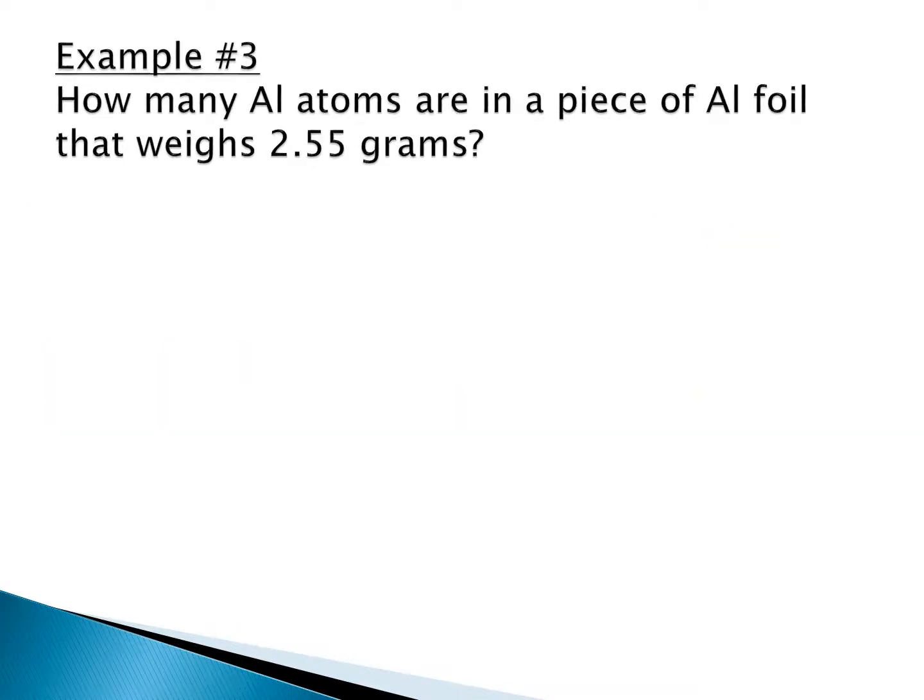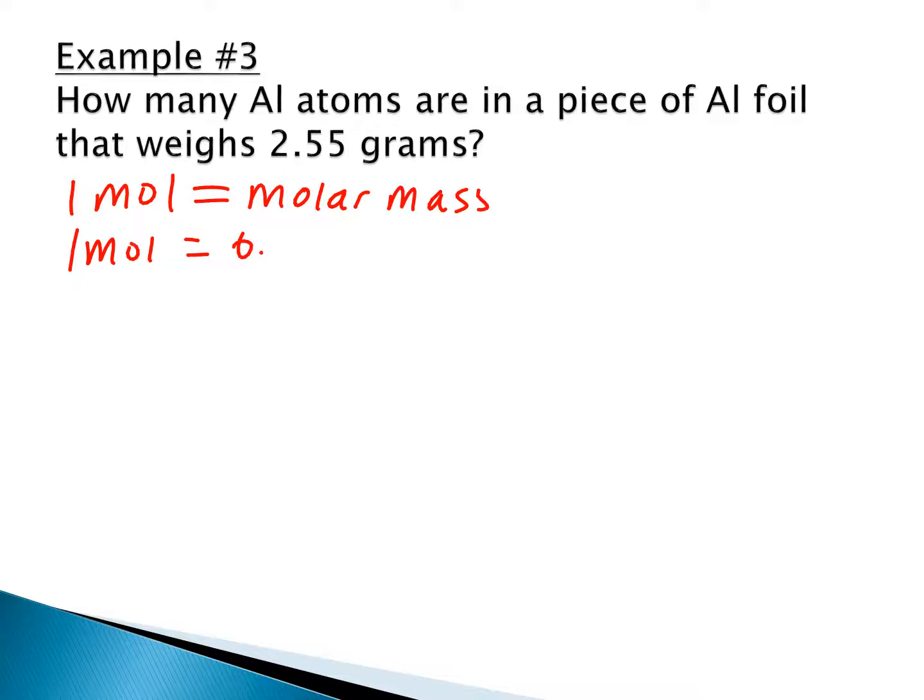All right, so now we're going to do one more example. It says, how many aluminum atoms will be in a piece of foil that weighs 2.55 grams? So to set this problem up, I have to ask myself, how many steps will I have in my fence? Well, I have one conversion that is 1 mole equals the molar mass, and my other is that 1 mole of anything will equal 6.02 times 10 to the 23rd.